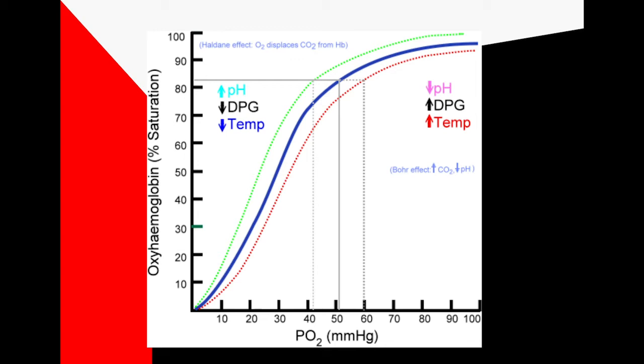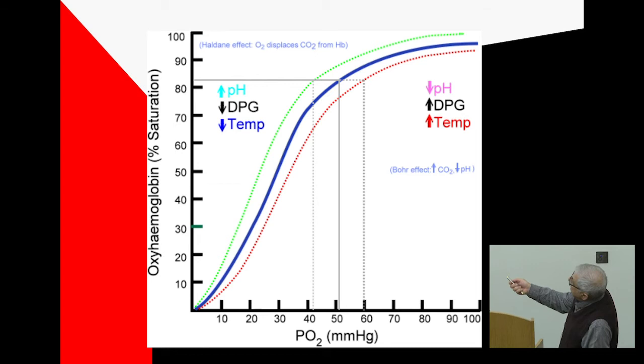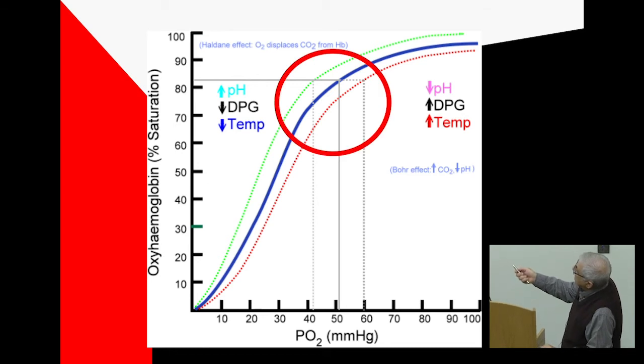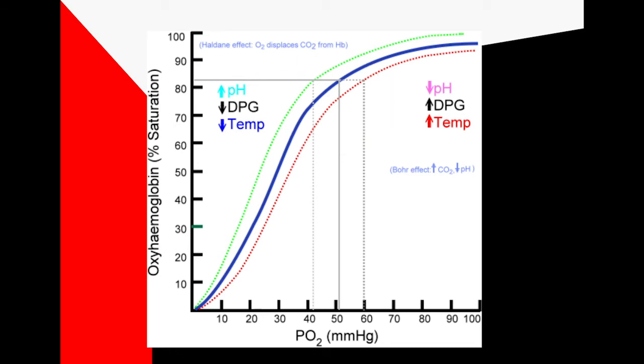Once you reach a saturation of about 90, the curve becomes very steep, and your oxygen goes down very quickly below 90. So we like to have patients between 88 and 90 so that they can sit at this part of the curve. That's what we like to do in those patients.